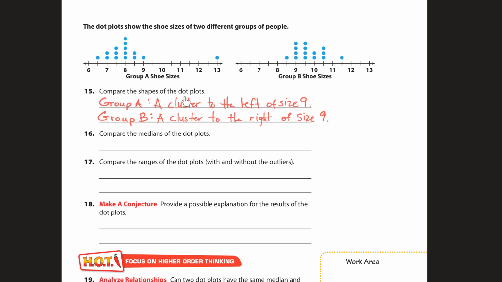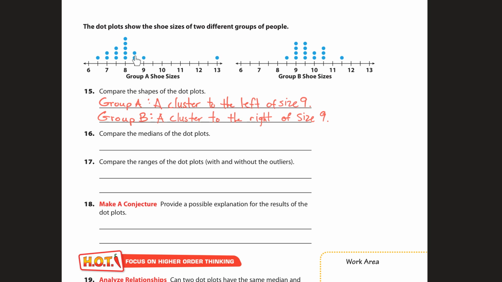Compare the shapes of the dot plots. Well, as I look at this here, there's a cluster to the left of size 9. So 1, 2, 3, 4, 5, 6, 7, 8, 9, 10, 11, 12, 13, 14. That's 14 right there. But I believe they're talking about 1, 2, 3, 4, 5, 6, 7, 8, 9. Probably this cluster right here.